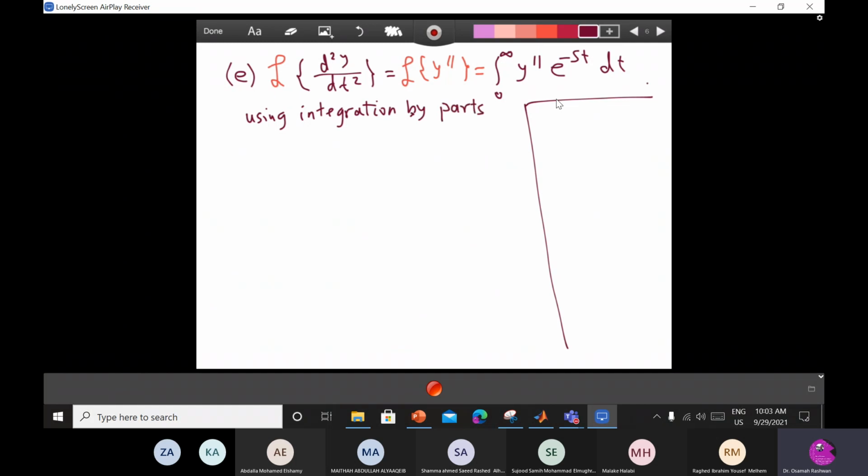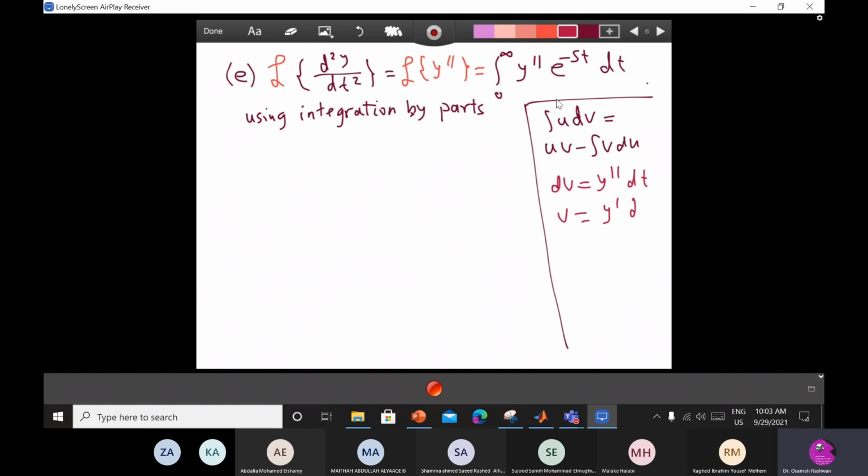So what is your u? u dv equals uv minus v du. In this case, my dv will be my second derivative dt. So v, the integration of the second derivative, is the first derivative.